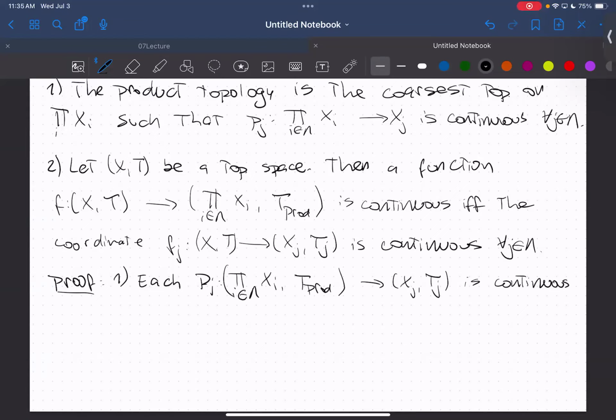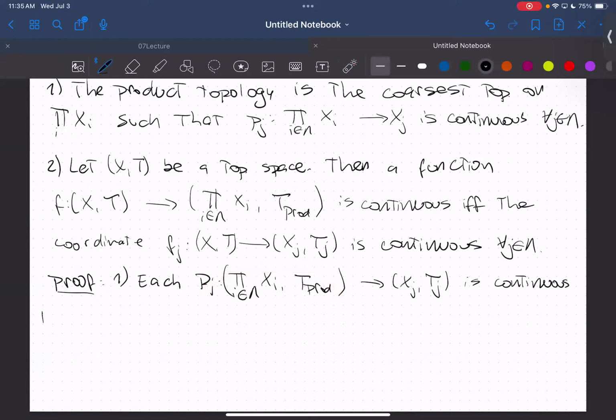Why is this true? Well, if we take an arbitrary open in the codomain and we compute the preimage, that's not only open here, it's a sub-basic set here. So absolutely true.